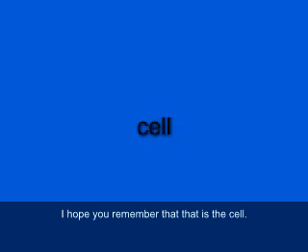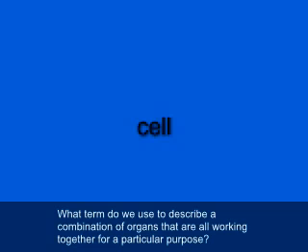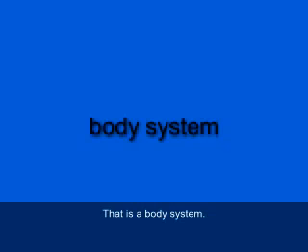Well, I hope you remembered that that's the cell. What term do we use to describe a combination of organs that are all working together for a particular purpose? Well, that's a body system.